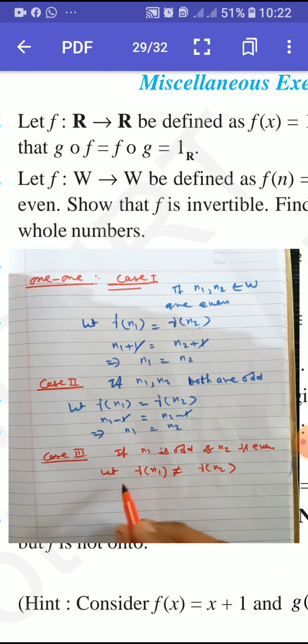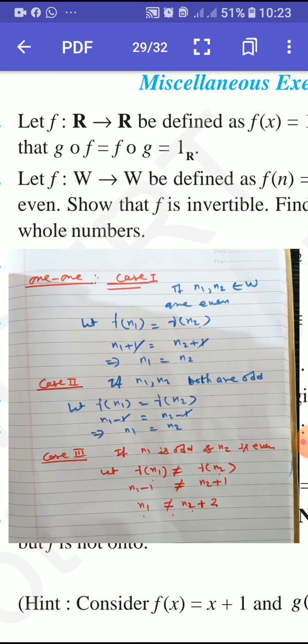For n1 odd, from the odd case, n1 - 1 is not equal to f(n2), which is n2 + 1. This implies n1 is not equal to n2 + 2.